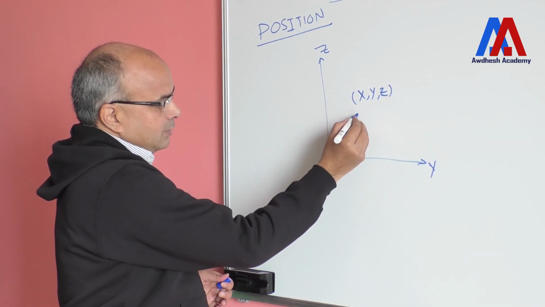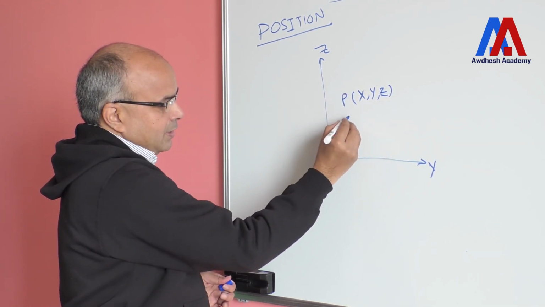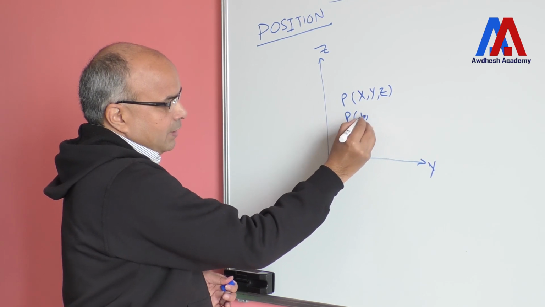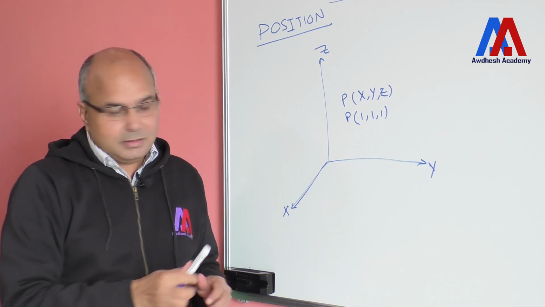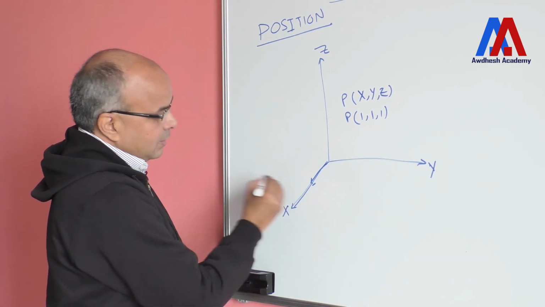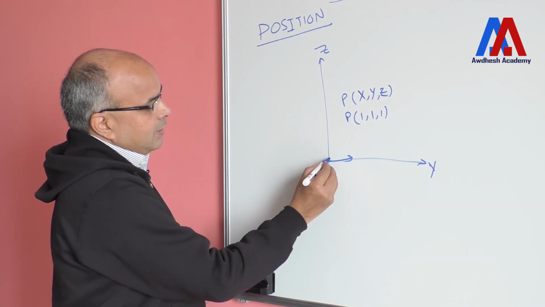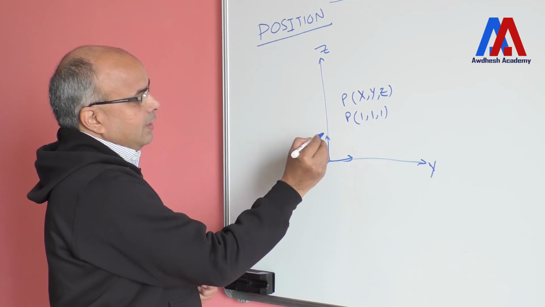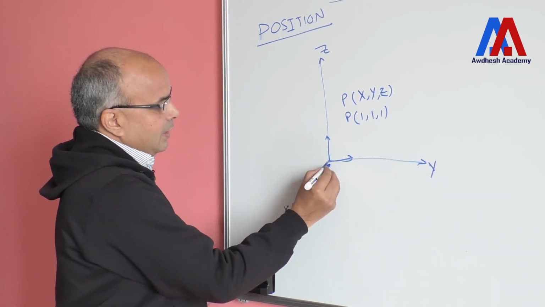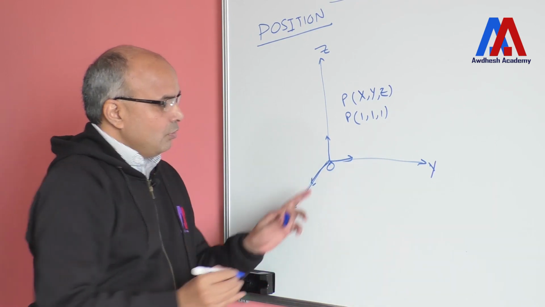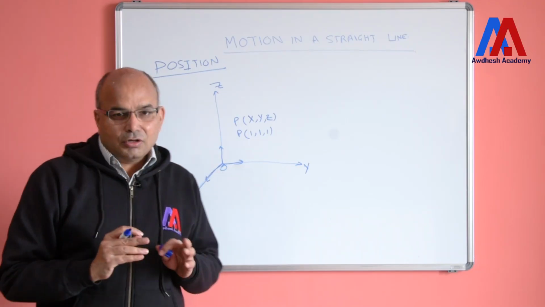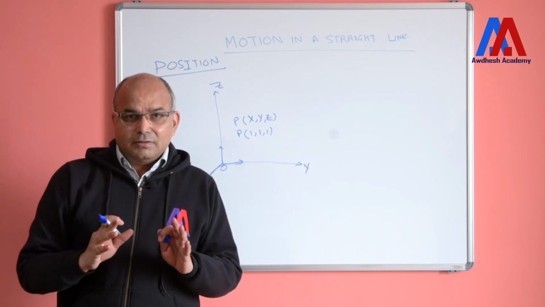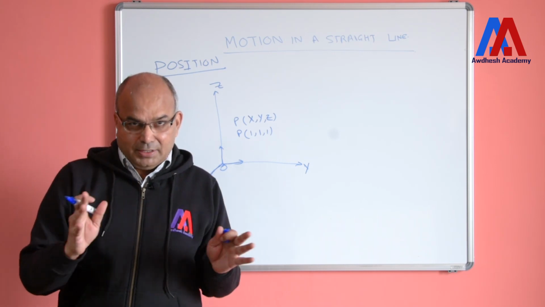Suppose this is the point P, and we say the point is (1, 1, 1), then it means 1 in the x direction, 1 in the y direction and 1 in the z direction, and this is how we will get some point here. And this point is generally called the origin, an arbitrary point, we can take any point, and this is called the origin. So in this way we can mention any point in space.